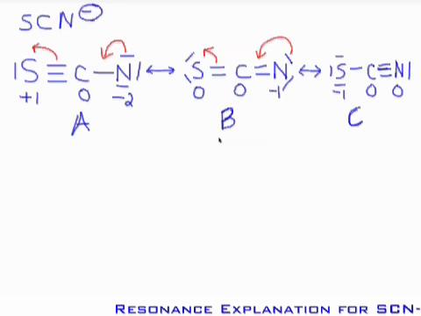Well, if I memorize my electronegativity trend, I know that nitrogen's more electronegative. So B structure is the major contributor. If I was to rank this, I would say B makes a greater contribution than C, which is greater than A. In this case, the resonance hybrid is most like structure B.